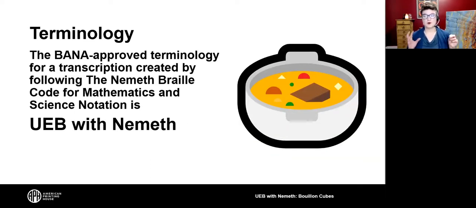So again, for our flavor-filled soup of UEB with Nemeth, where we have Nemeth Code dumplings, the BANA approved, BANA recommended terminology is UEB with Nemeth. So it's a context of UEB, and within it, it has bubbles or dumplings of Nemeth Code.